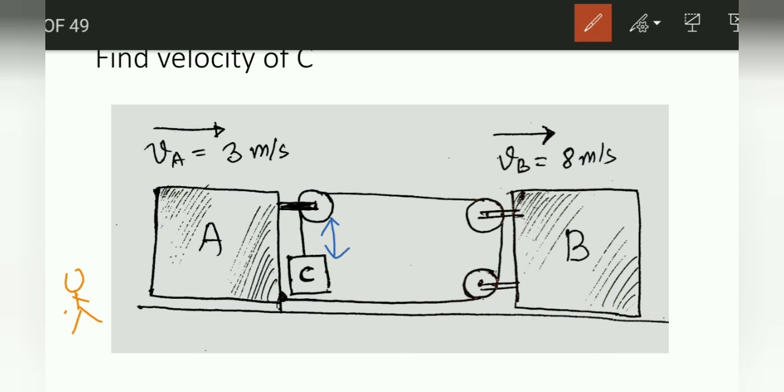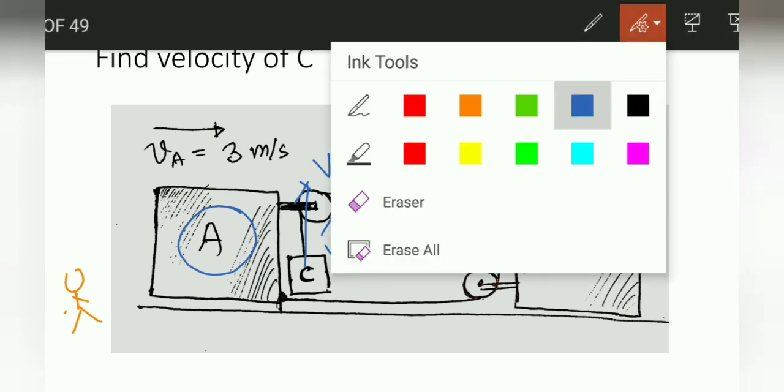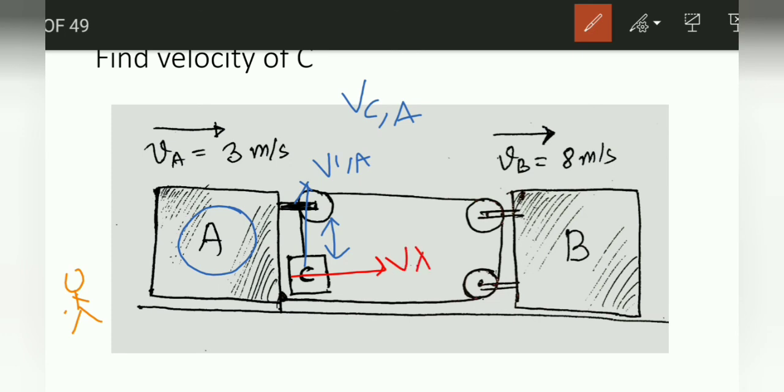So see, this length is shortening, and by the shortening of the length, this string is placed on this block A. So if we find the velocity using the contact point method or the constant length method, we will find the velocity of C with respect to block A. We will not find the absolute velocity of block C, because C will have some velocity with respect to A, and also since this block A is also moving, it will have its own velocity, that is VA. So we have to find the resultant, then only we can find the velocity of C.